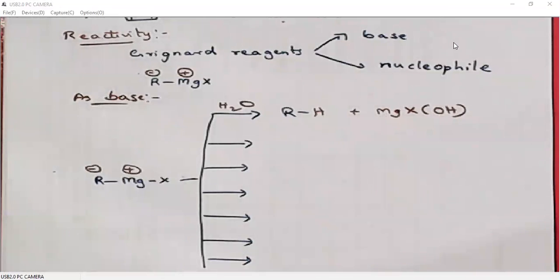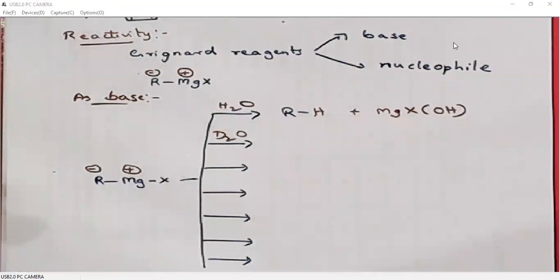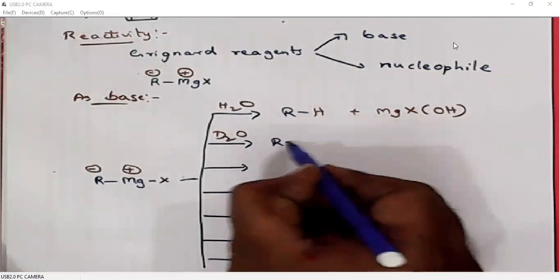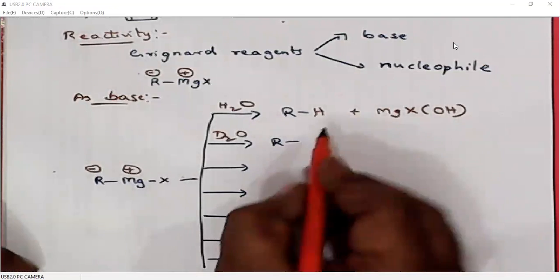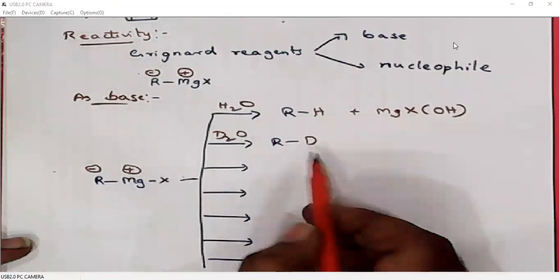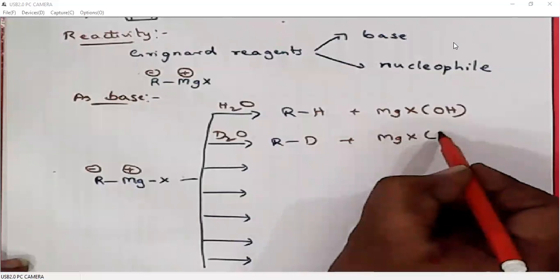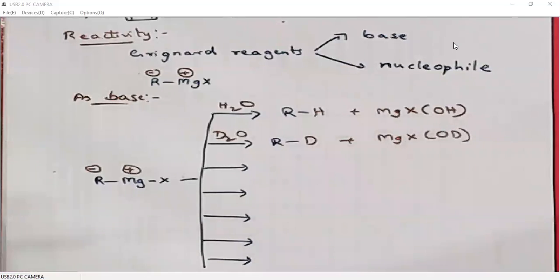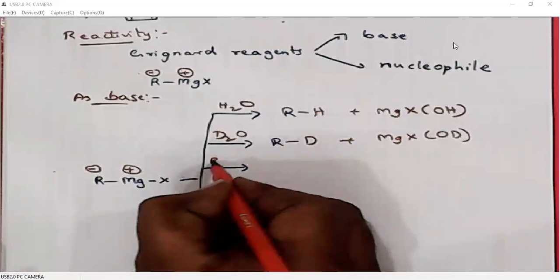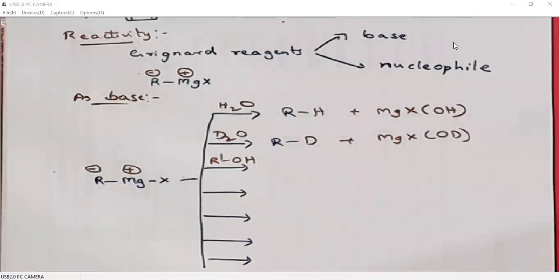Okay. When we use deuterated water, then the alkyl anion will pick up that deuterated proton. So it becomes RD. And of course, when we use alcohol, alcohol again has an acidic proton.